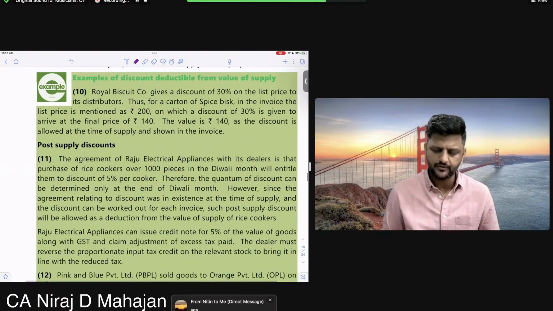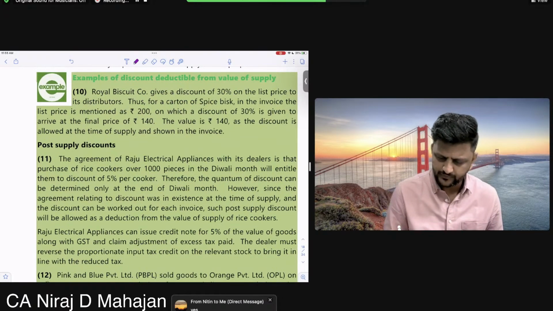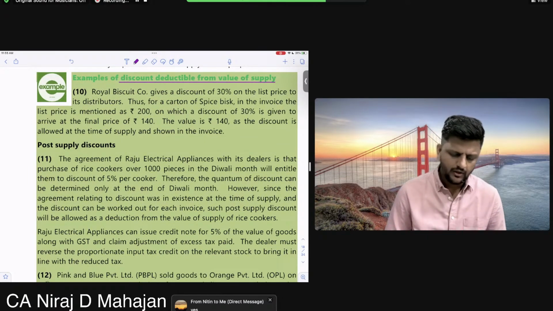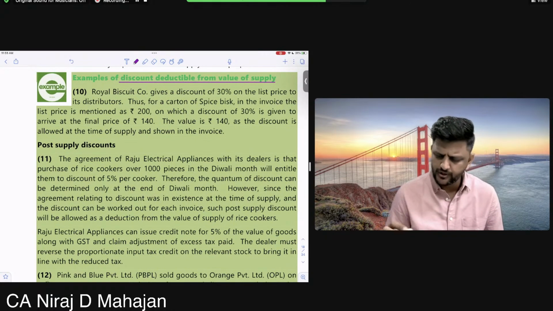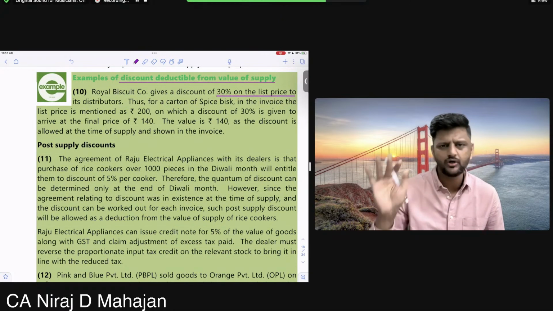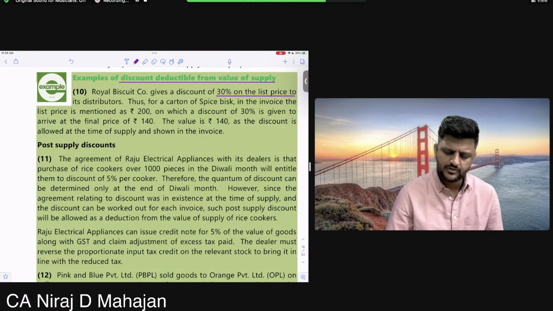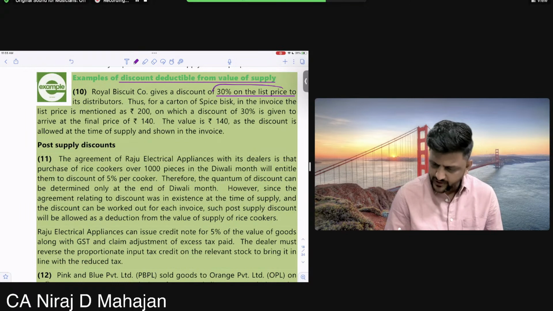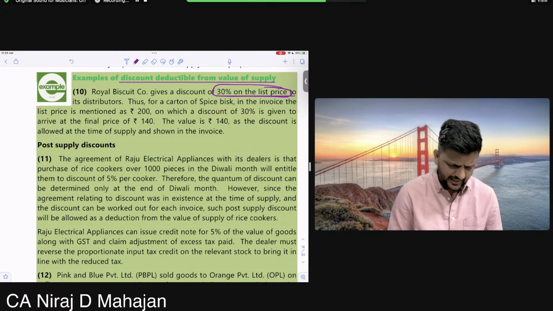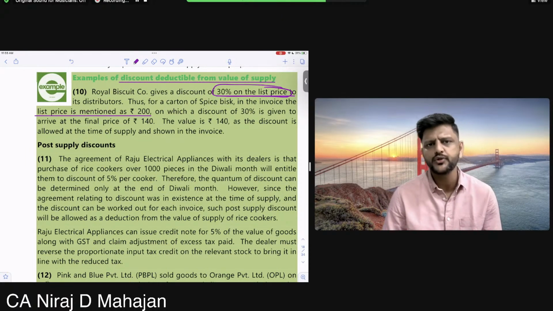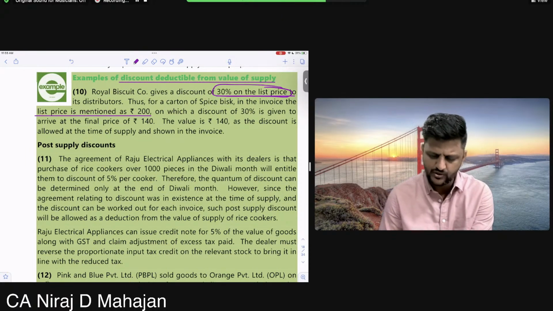Examples of discount deductible from value of supply. Ready? Royal Biscuit company gives a discount of 30% on the list price. Listing price is your display price to its distributors. Thus, for a carton of spice biscuits, in the invoice the list price is mentioned as 200, and 200 into 30%, 60 rupees discount is given.